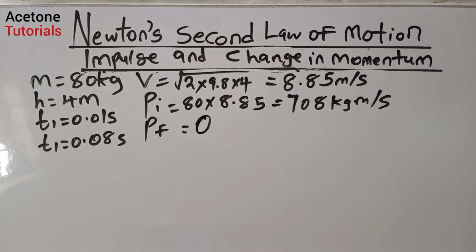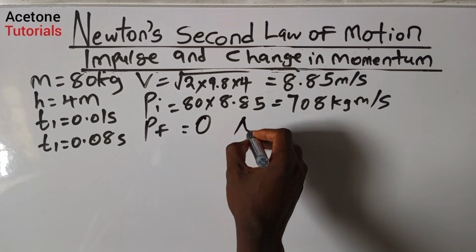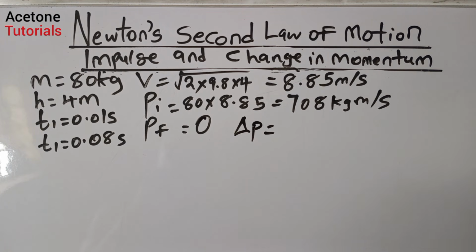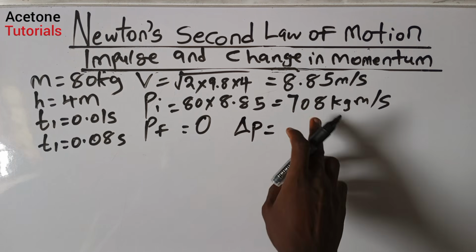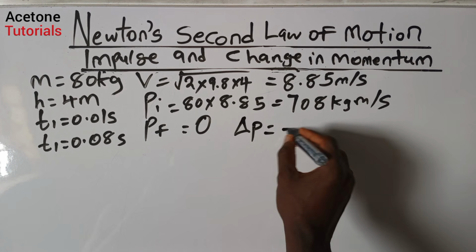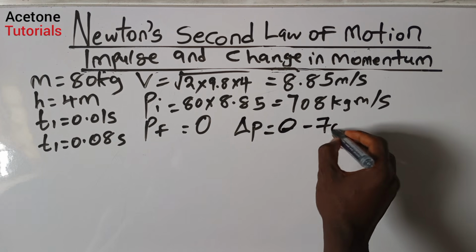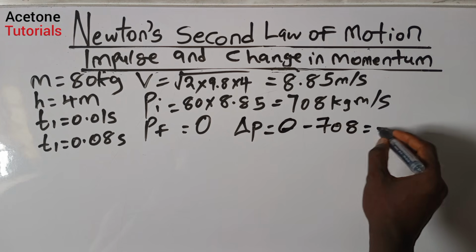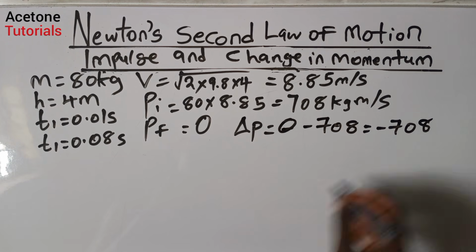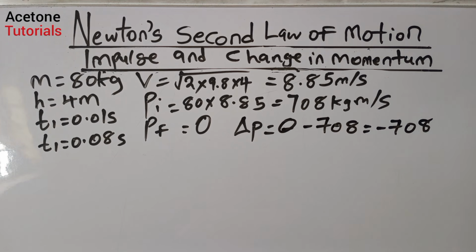So the change in momentum, change in P, is equal to Pf minus Pi, and that's 0 minus 708, which is minus 708 kilogram meter per second. So that is the change in momentum.